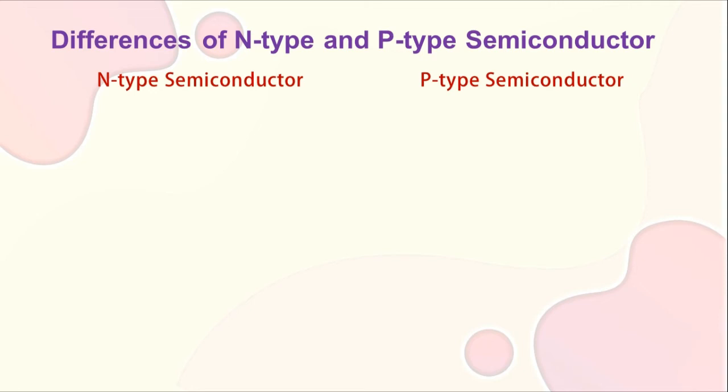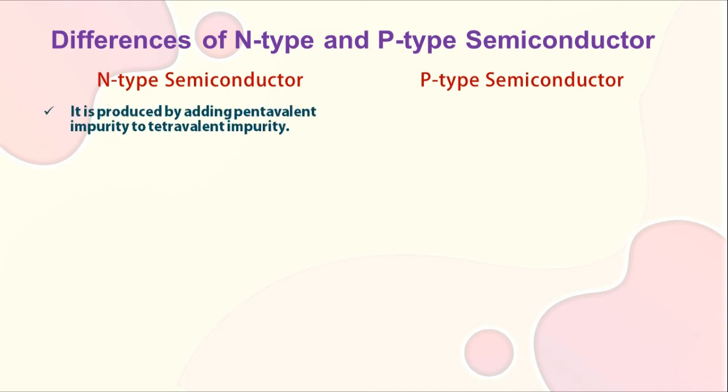Okay, now we will start one by one. What are the differences between N-type and P-type semiconductor? On the left side we have N-type, on the right side we have P-type. The first difference: the N-type semiconductor is produced by adding a pentavalent impurity to a tetravalent semiconductor.